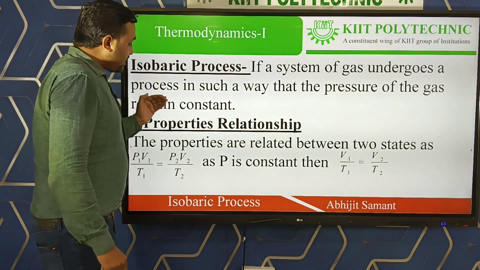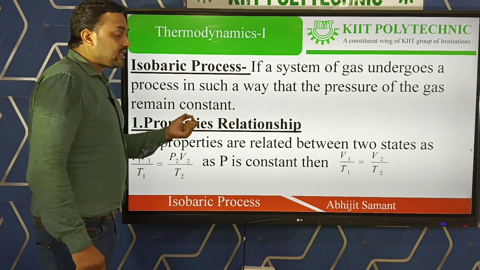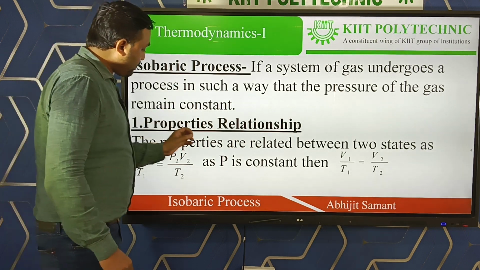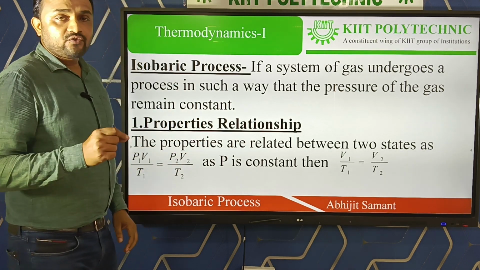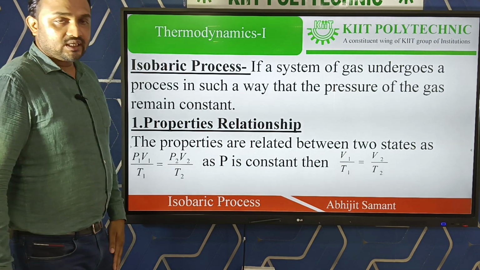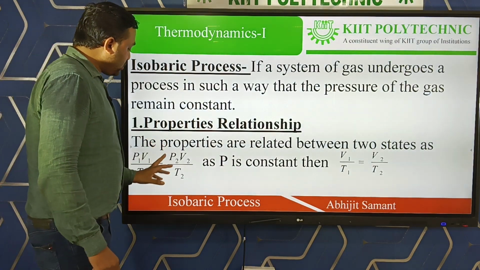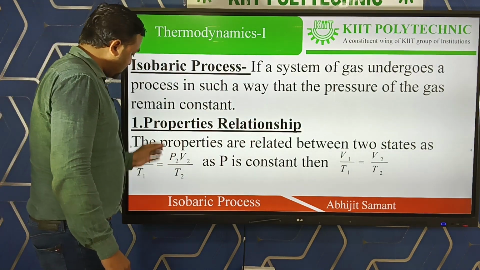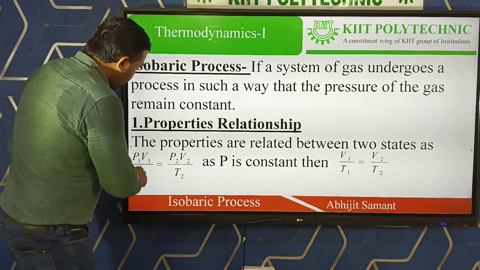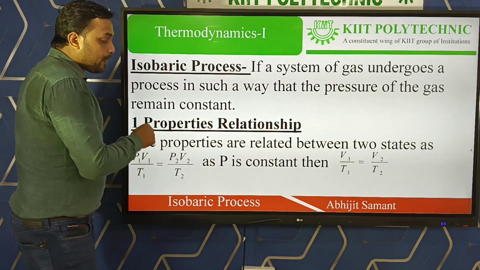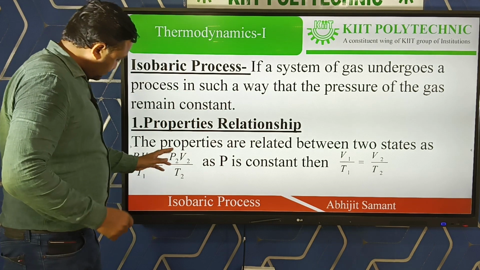Okay, so in the isobaric process, the properties relationship means the pressure, volume, temperature, and number of moles relationship. So the pressure, volume, and temperature relationship tells us that P1 V1 by T1 is equal to P2 V2 by T2.